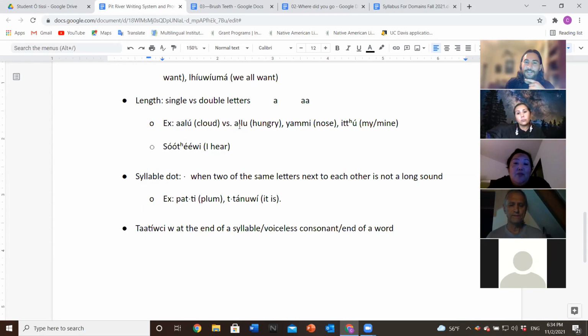It sounds like on the second one you're still having a long A versus a long L. Alu. Toos. Okay, now say both of those. Alu. Alu.